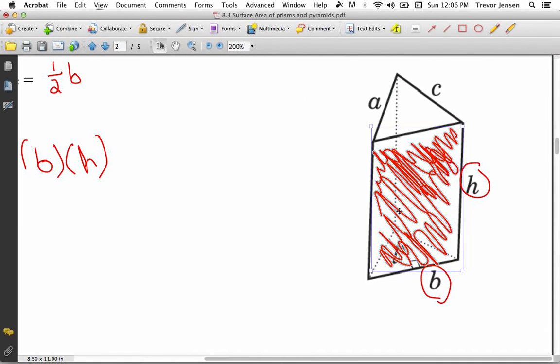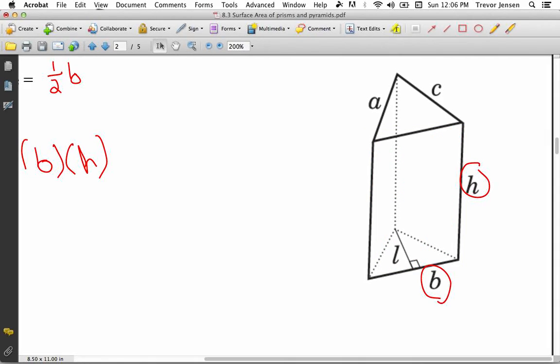Okay, now let's do rectangle 2. Let me see if I can just delete this that I shaded in. Okay, good. Okay, now rectangle 2. I'll make that the rectangle on this side. If I want to find the area of this rectangle here, I know the area of a rectangle is length times width, so I need to figure what letters represent my length and my width.